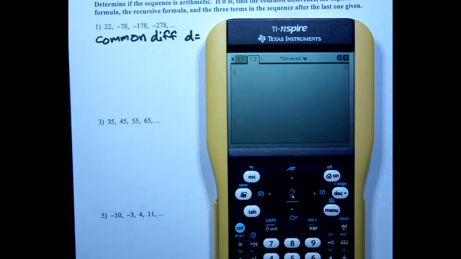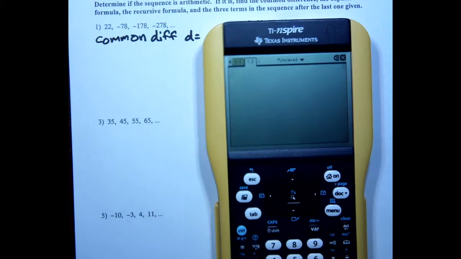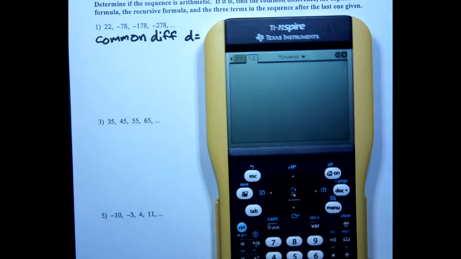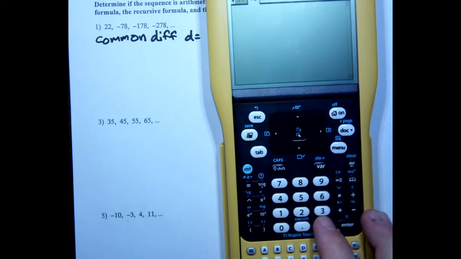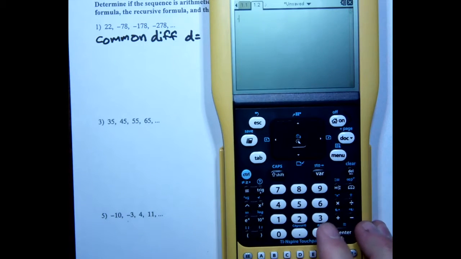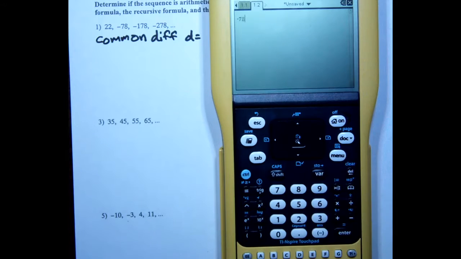Okay? So now what that means is I'm going to say, in order to get from 22 to negative 78, I'm going to have to say negative 78. So you're going to use this negative sign right here, and I'm going to say negative, then 78, and then I'm going to use the subtraction sign, which is a different one, and I'm going to subtract 22.